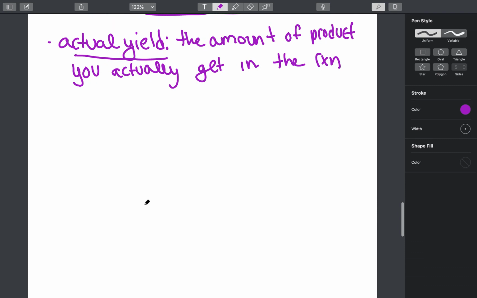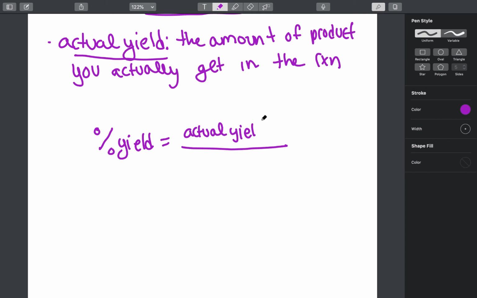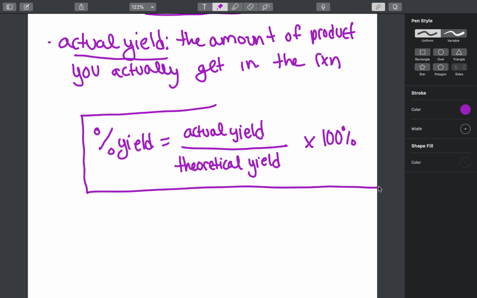The equation that you can use to find percent yield is this: it is equal to the actual yield over the theoretical yield times 100%. So that is the equation that you can use in order to find the percent yield of your reaction.